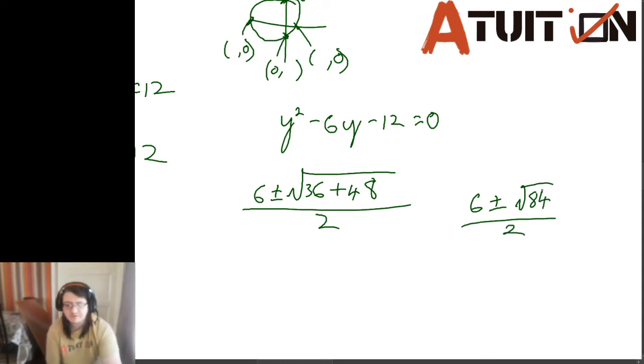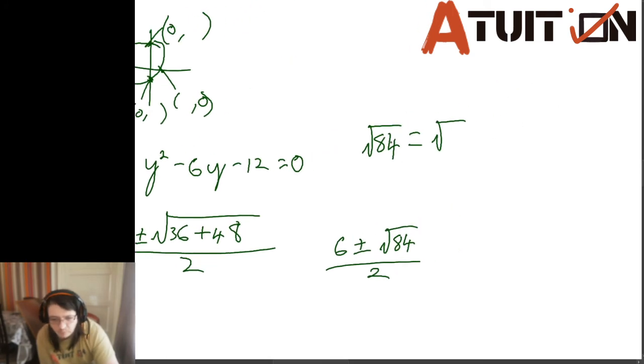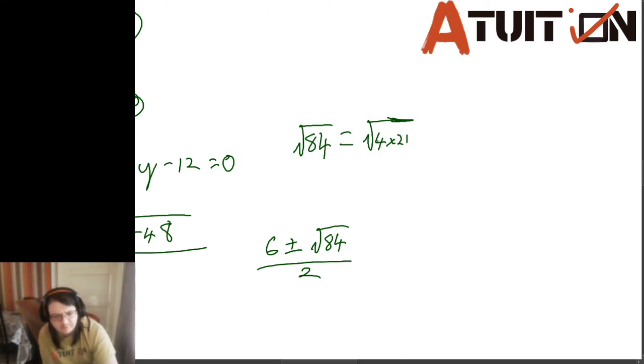We can change the 84 to be the square root of 2 products that multiply together to make 84, which we could say is 4 and 21, because 4 times 21 is 84. And when you've got the square root of the product of 2 numbers, that's the same as the square root of each number individually multiplied together. So the square root of 4 times the square root of 21.